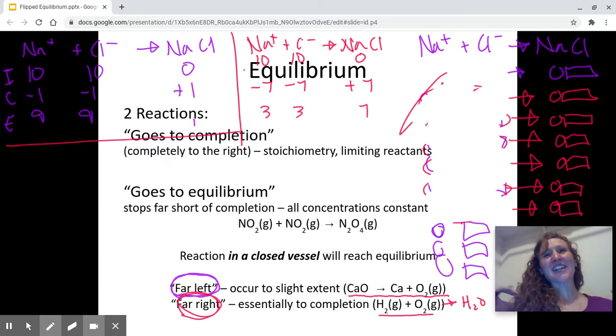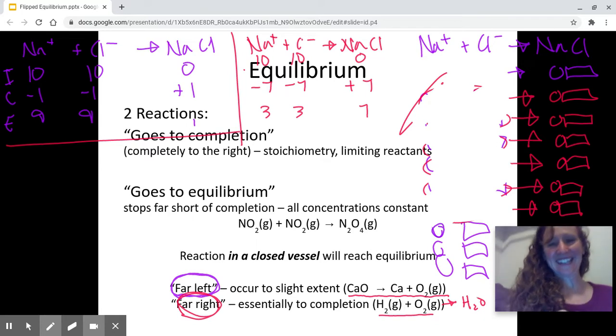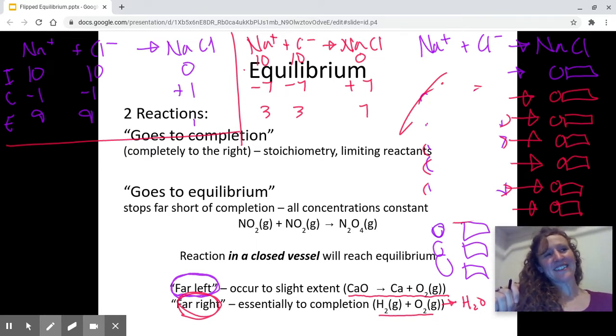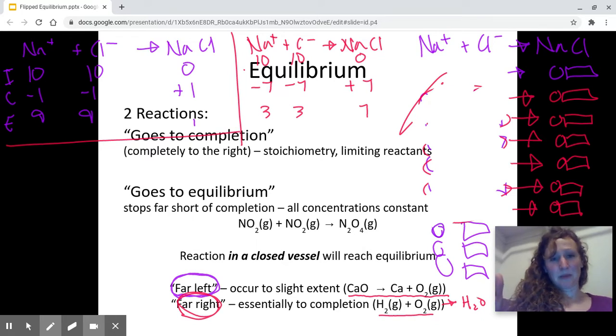Let's figure out where reactions actually stop, and not this hunky-dory Disney family of a completed reaction, right? Okay, so here's the deal. When we go towards equilibrium, we have this stopping point. And the stopping point depends on this balance between reactants and products, right?